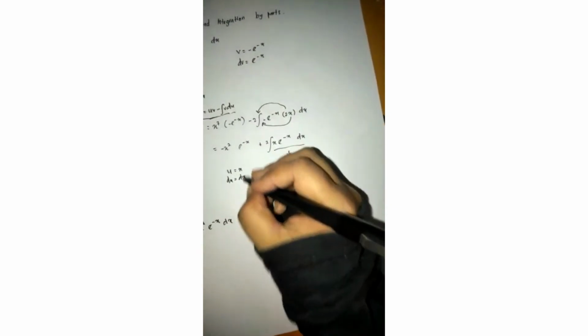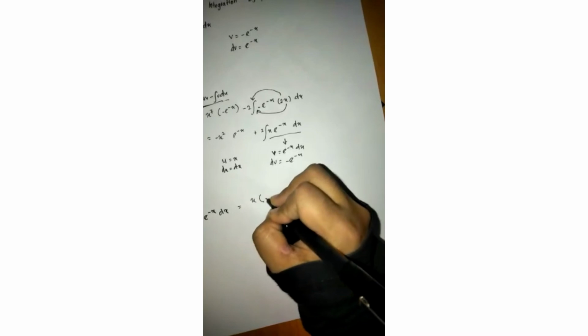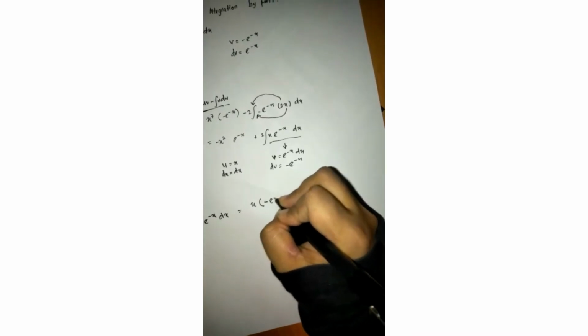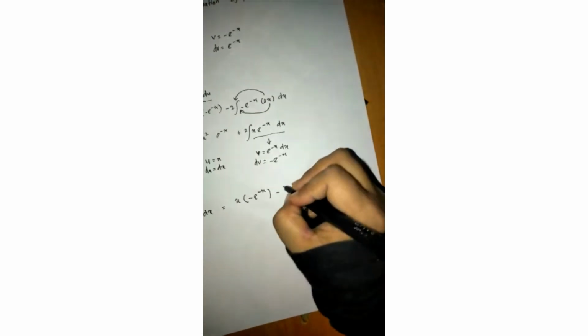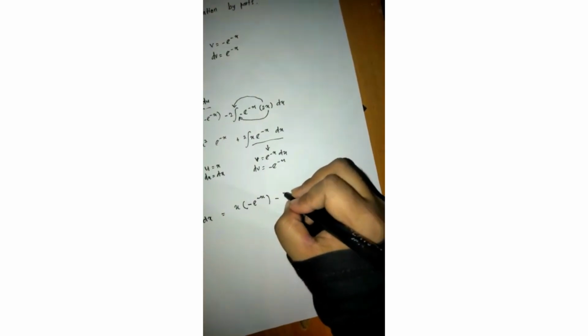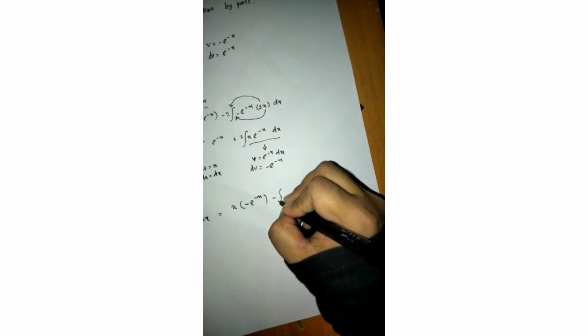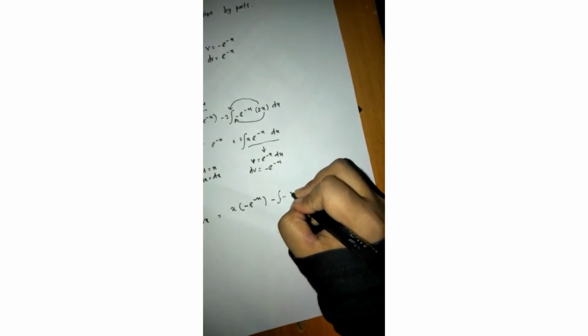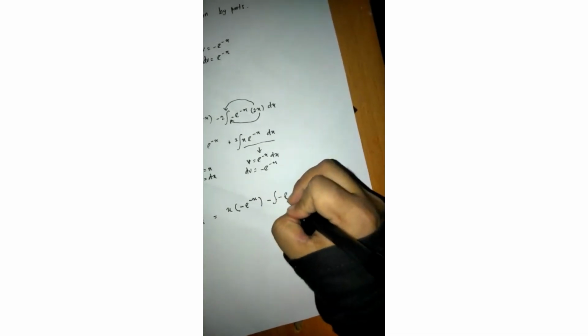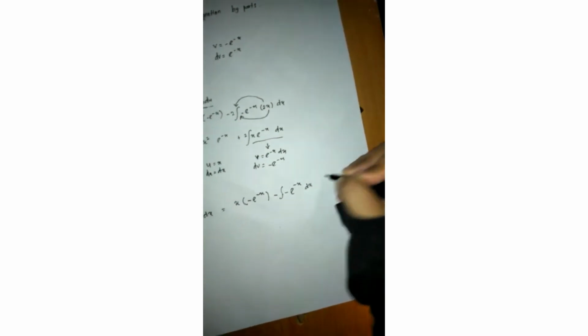Equal to, using formula uv, negative e power of negative x minus v du, negative e power of negative x dx.